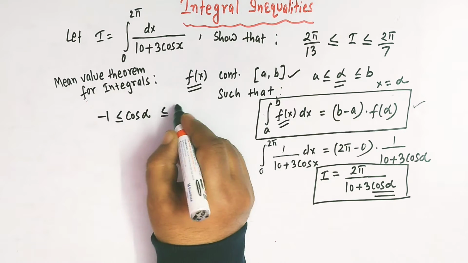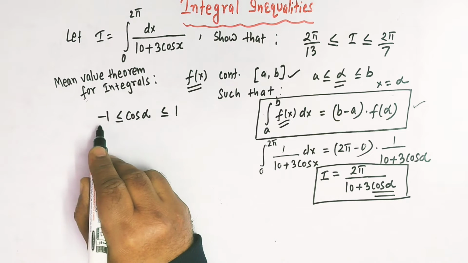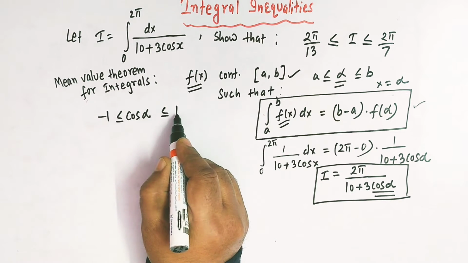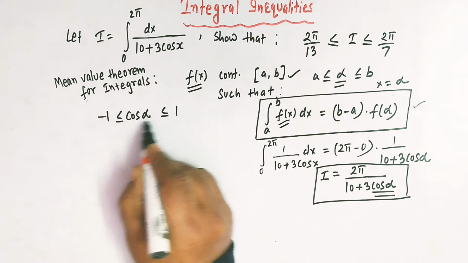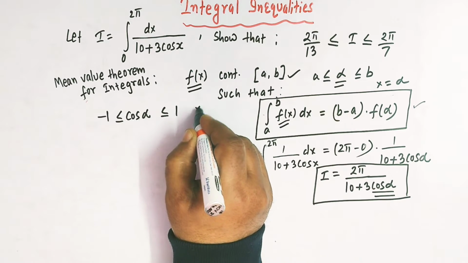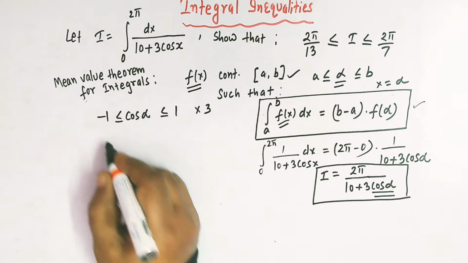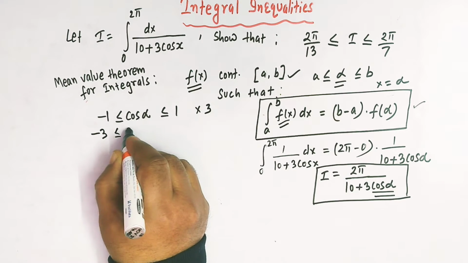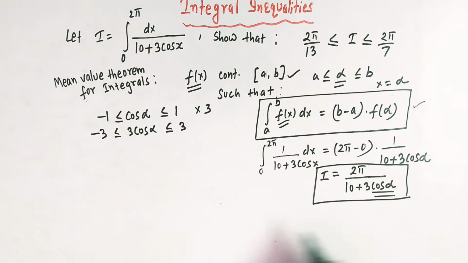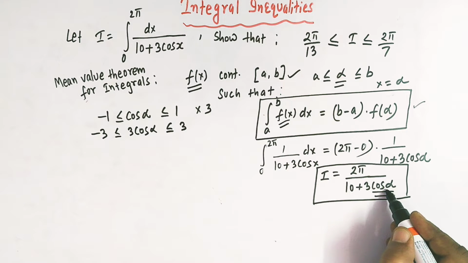So our starting inequality is that cos alpha lies between -1 and 1, the maximum value of cosine alpha being 1 and the minimum being -1. Let us multiply this inequality throughout by 3. So we have -3, then 3 cos alpha, then 3 ones are 3, so that we get the term 3 cos alpha.